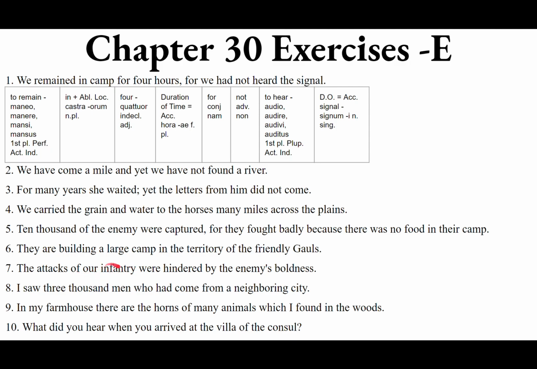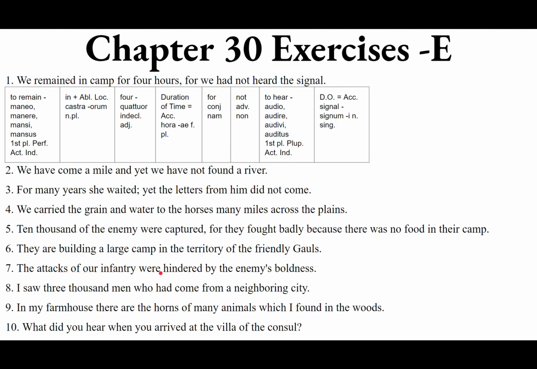The attacks of our infantry, we want the genitive of possession. Genitive plural masculine is peditum. And this also must be genitive plural masculine, nostrorum. Nostrorum peditum impetus. They were hindered. What was hindered? Why, the attacks belonging to our infantry.